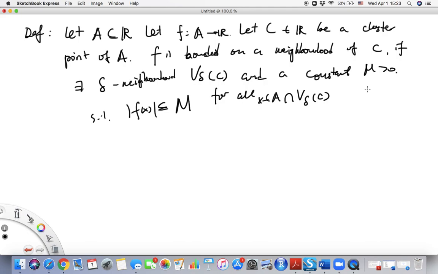Okay, so that's the definition, which is fairly intuitive. Okay, just as what you would expect.